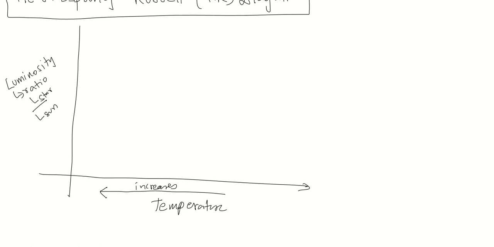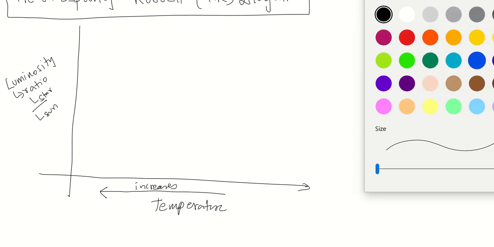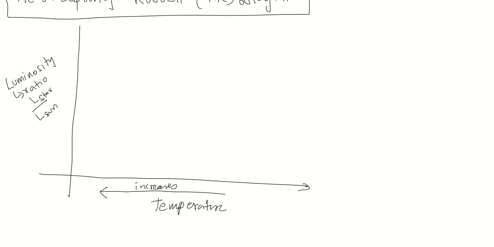Now he has fixed some belts here. The first belt that we keep here is like this. This belt is called the main sequence.